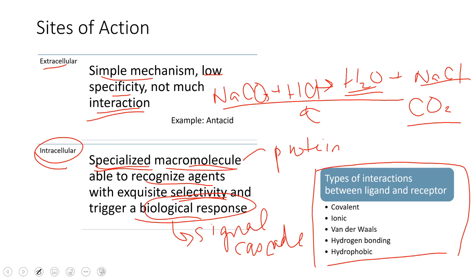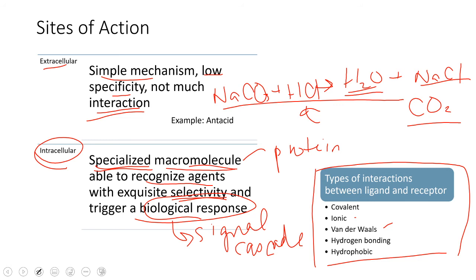So like it is permanently there until it's just degraded. Then you also get ionic bonds, which are strong and reversible. You get van der Waals, which are very, very weak, and they have to be very close together for it to really interact.